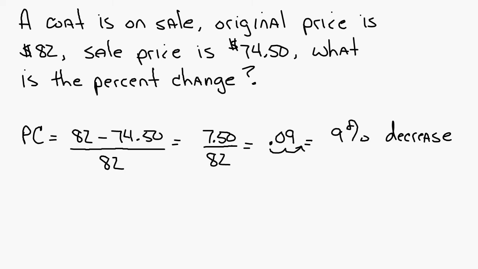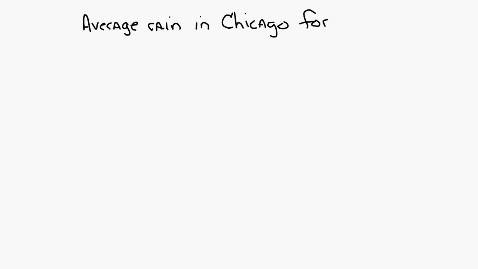Look at the next one on that same page. Average rain in Chicago for June is 4.1 inches.